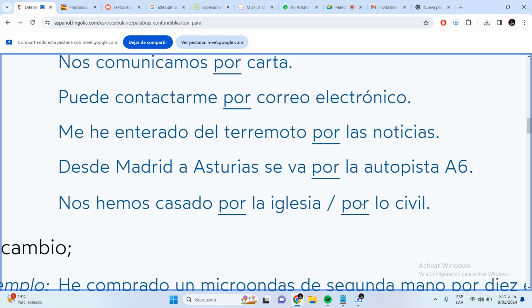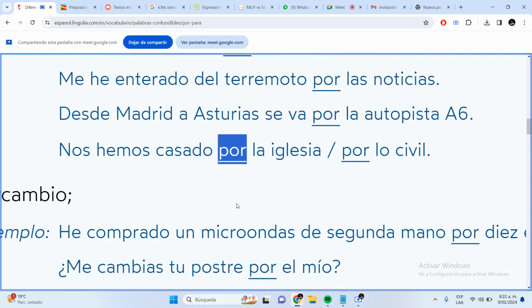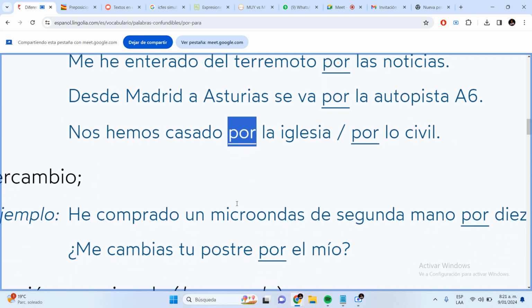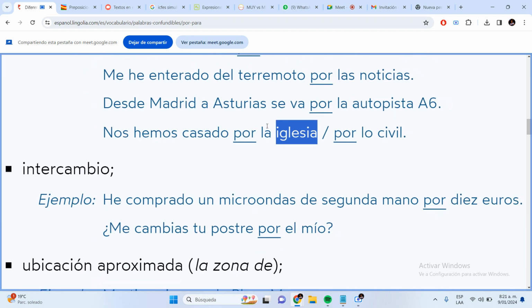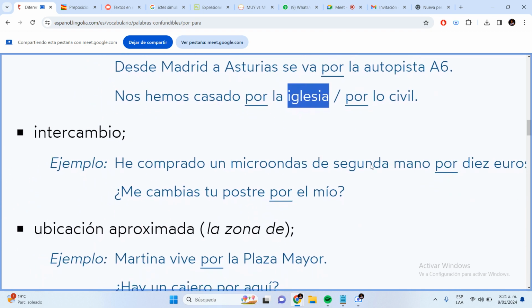Using por because that's how you got married. Also, of course, another use of the word por is that if you translate why, it's going to be por qué, right? So every time you're going to make a question of why, you use por because it's por qué. That's the translation of why.